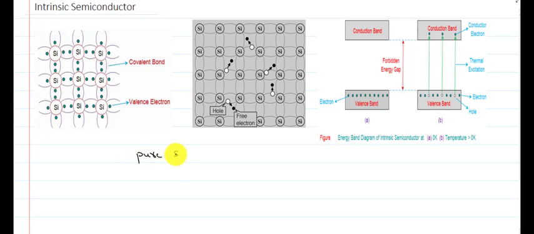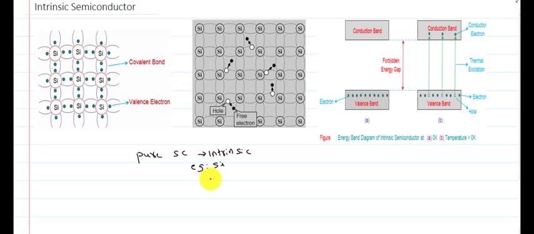Pure semiconductors are known as intrinsic semiconductors. Pure means no impurities are added to this semiconductor. For example, a normal silicon crystal or a germanium crystal can be taken as the example for purest form semiconductors.